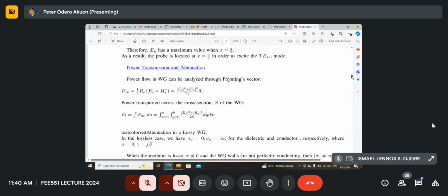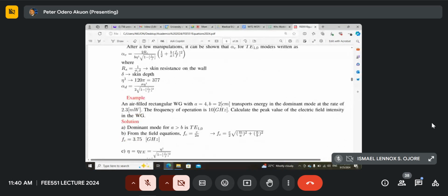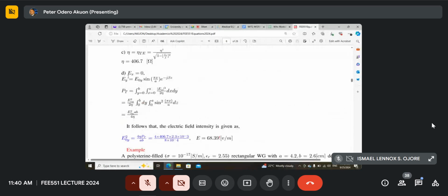But for the TE mode, we said Ex actually diminishes to 0. So we only have Ey squared over 2 eta. It's the simplest you can have. So then it means we can integrate over side a and side b of the waveguide of Ey squared over 2 eta dx dy.